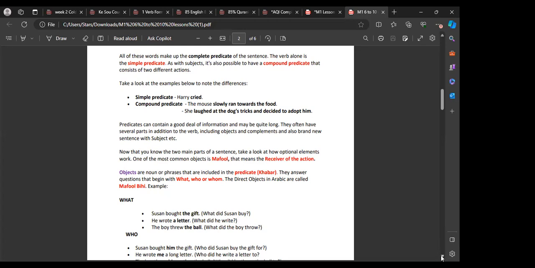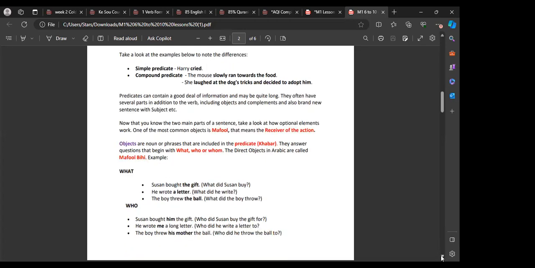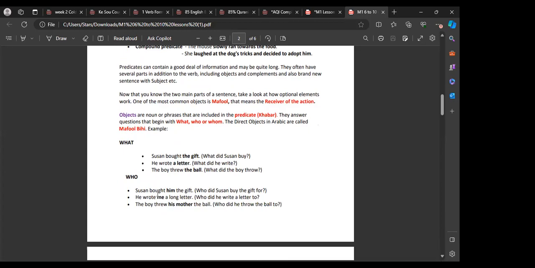It can also answer the question, who? So Susan bought him the gift. Him is the object. Him is answering the question, who did she buy it for? He wrote me a long letter, and the boy threw his mother. So both me and his mother are the objects that received the action by the subject.